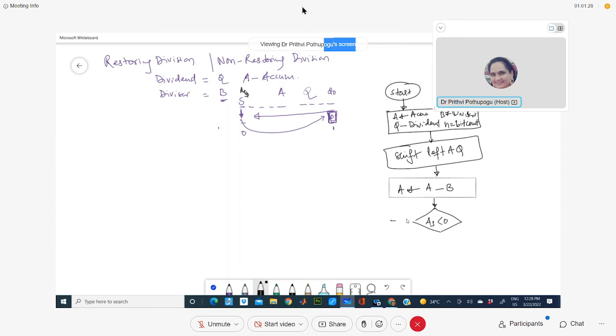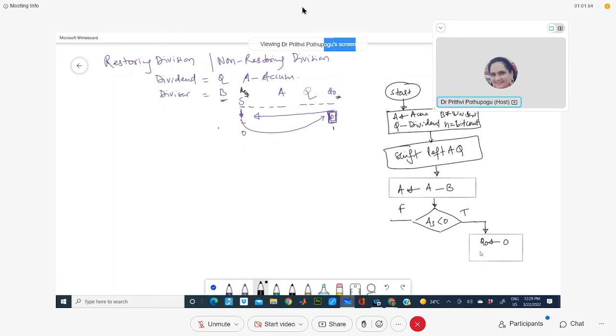If it is less than 0, it means it is negative. You have to make the value of this Q0 bit to be 0. That means if it is true, the sign bit will be 1.